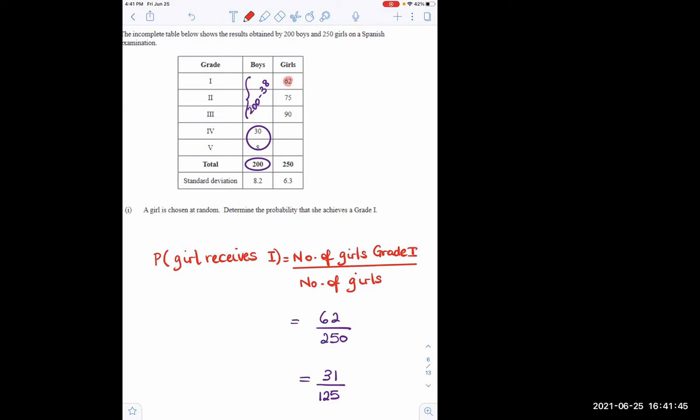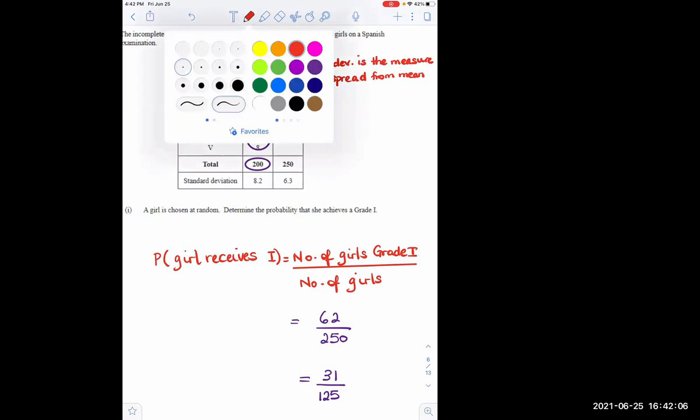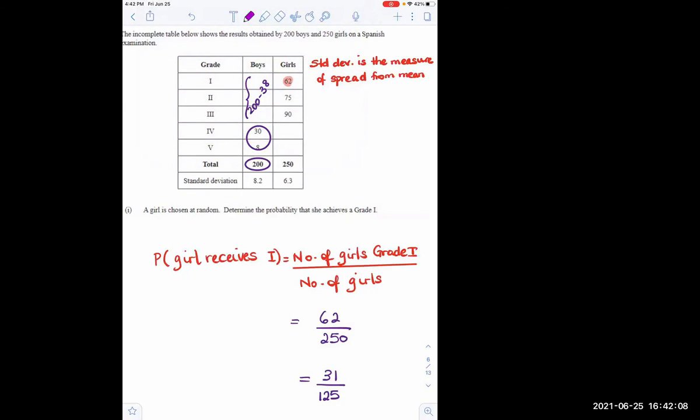First things first. Standard deviation is the measure, so you all write one time, is the measure of spread from the mean. So if in the exam you don't know what is standard deviation, just analyze the data that you have in front of you.